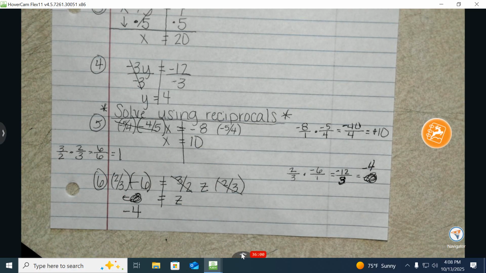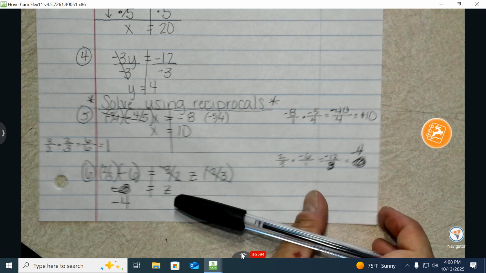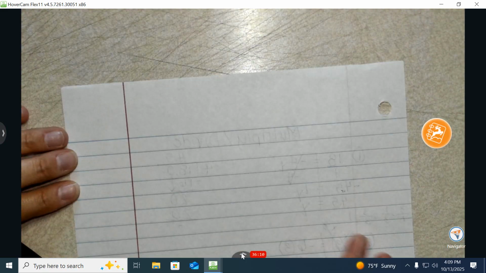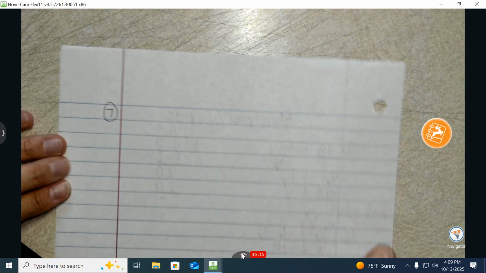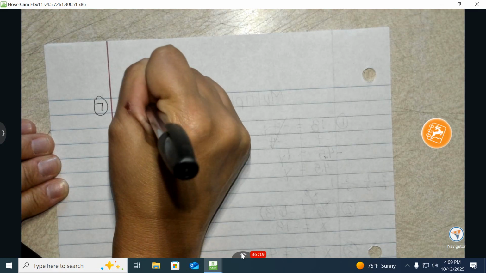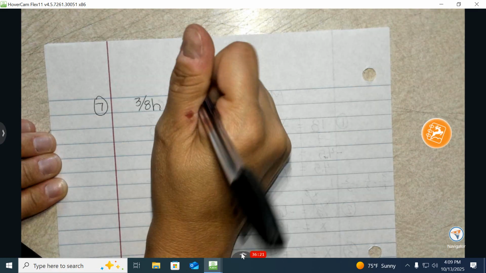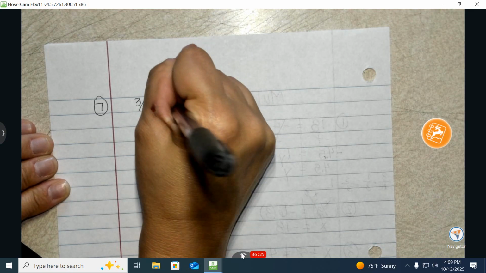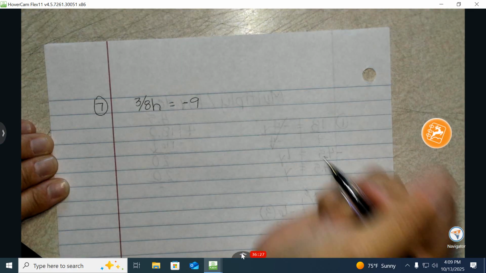All right, I am going to give you 2 to work on. I'm going to flip the page over. I'm going to give you number 7 and number 8. Number 7 is 3/8 h equals -9.